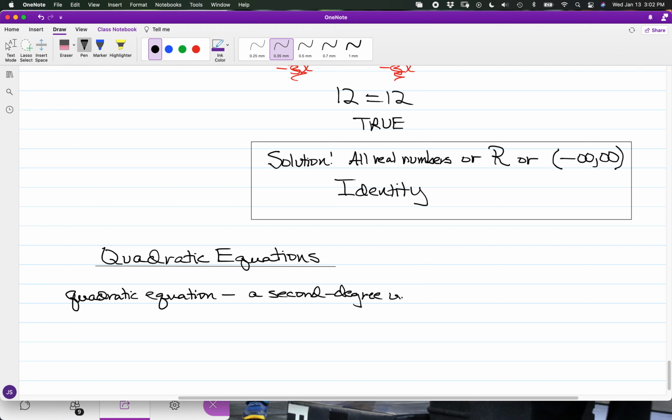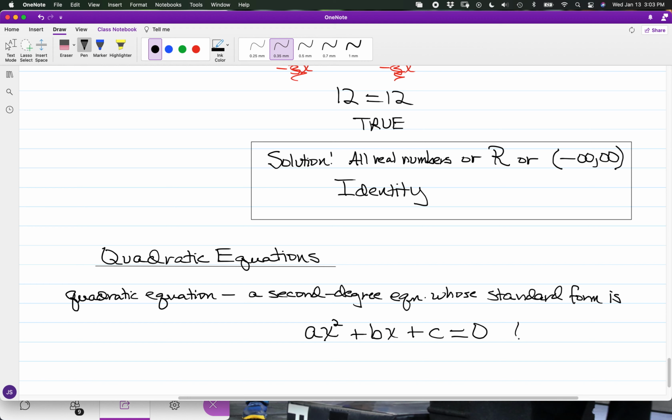whose standard form, okay, we're going to have it ax squared plus bx plus c is equal to 0, whereupon a does not equal 0.